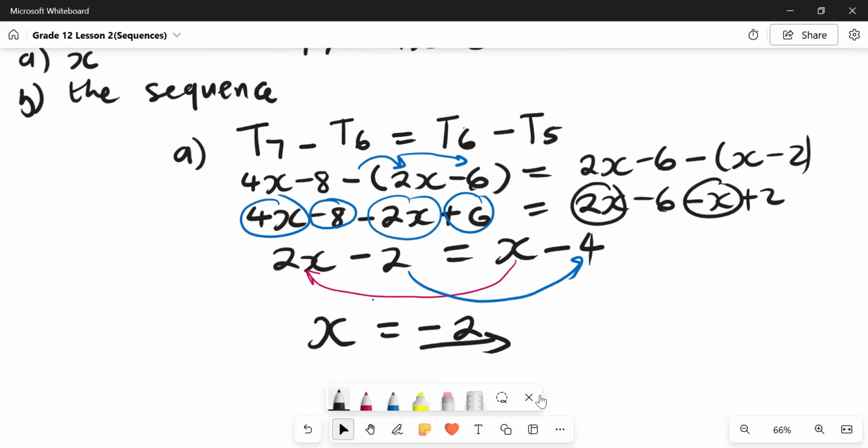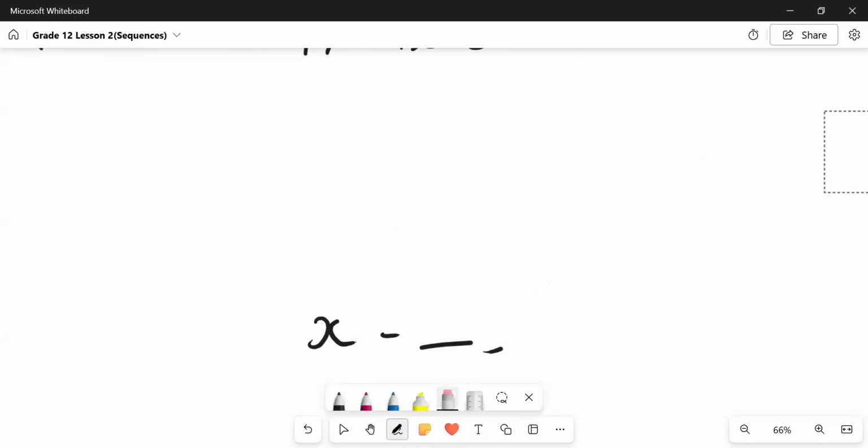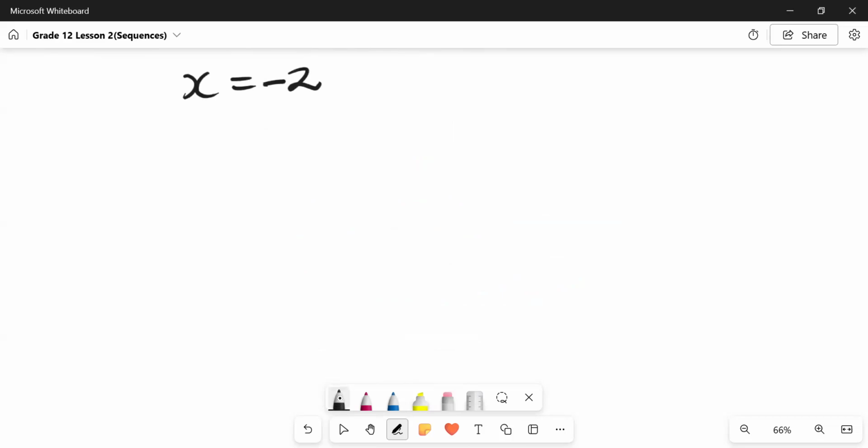And then after getting your final answer, your x is equal to minus 2. Now, what is your T5? T5 is equal to x minus 2. Now, in place of x, we substitute minus 2, and then it's minus 2 minus 2. This will give us minus 4, right?